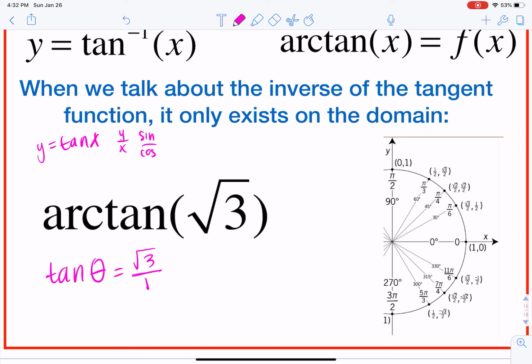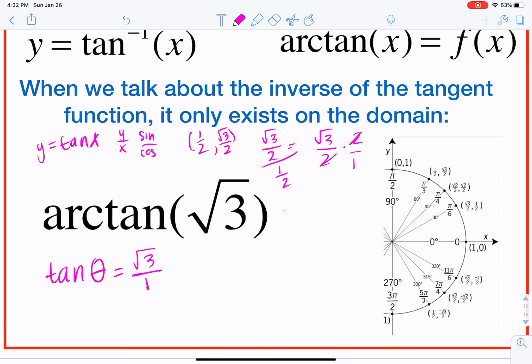So looking at these values here, the way that I would create the square root of 3 is by looking at a coordinate point that was 1/2, square root of 3 over 2, because the square root of 3 over 2 divided by 1/2 is going to give me square root of 3 over 2 times 2 over 1, and I'm left with square root of 3.